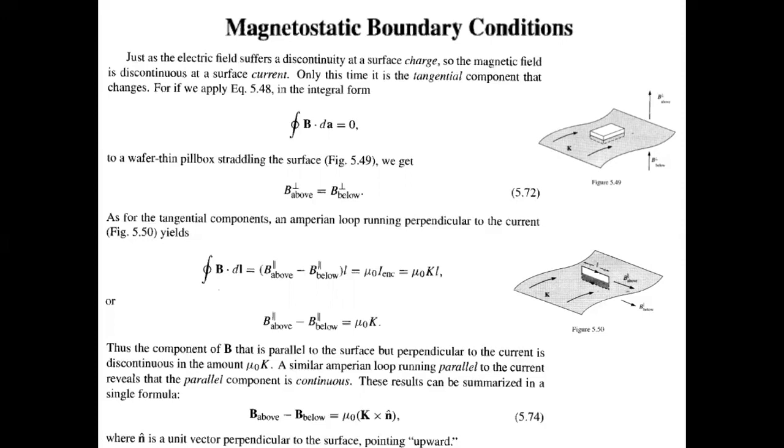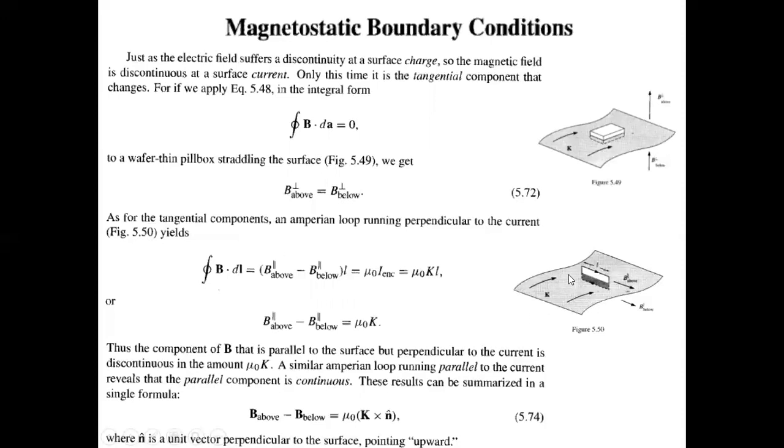If we think about the integral form here for this problem, for a wafer-thin pillbox straddling the surface, what we get is this tangential below and above. This and this will actually be continuous.